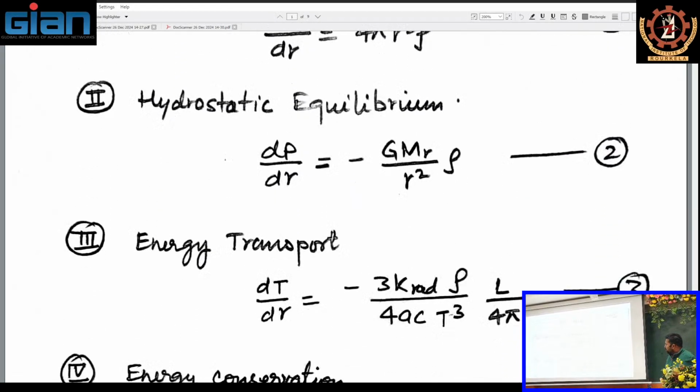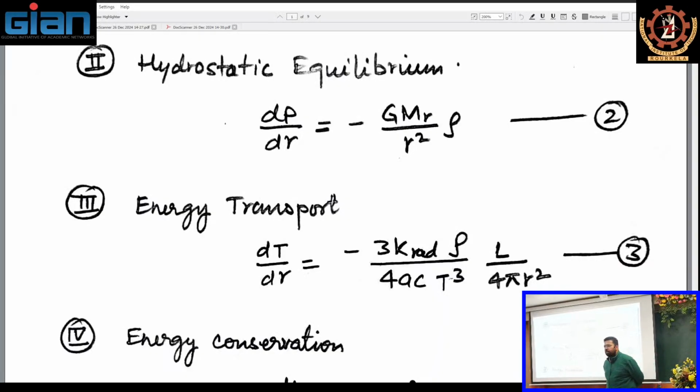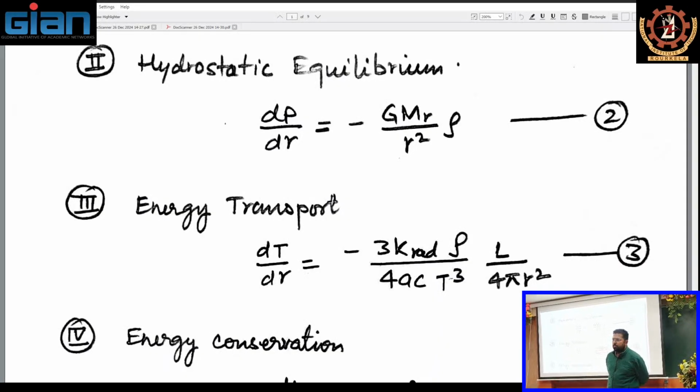The third equation is the energy transport equation. This equation is written under the assumption that the energy is being transported mostly by radiation, and we have assumed the diffusion approximation.